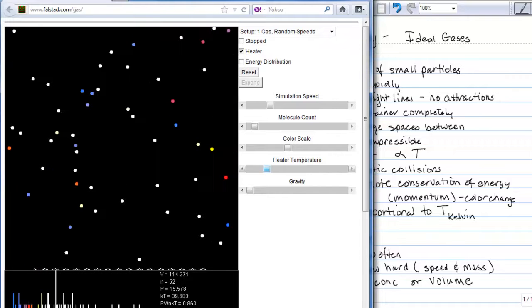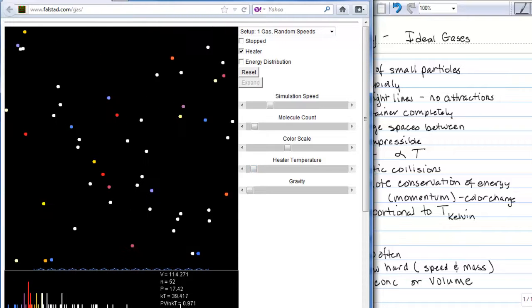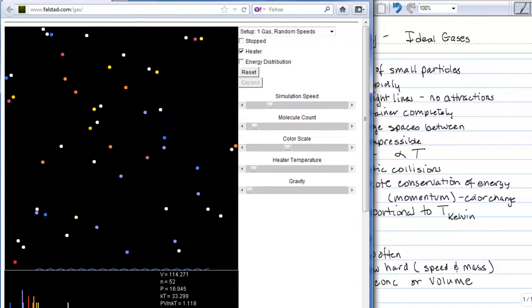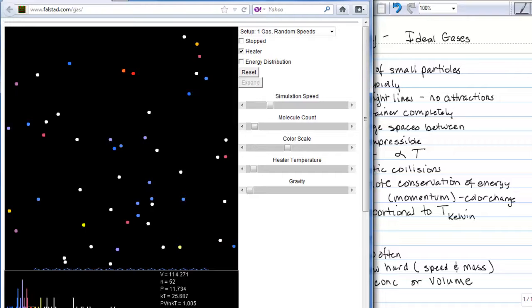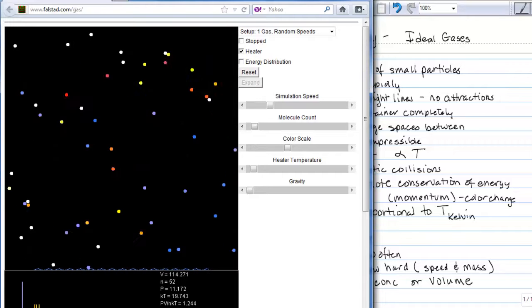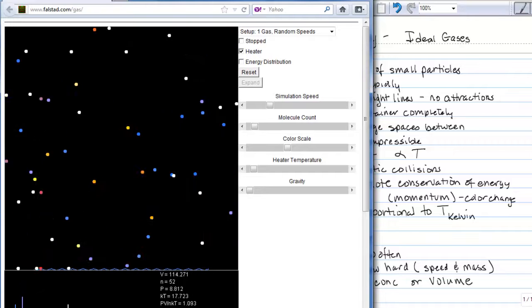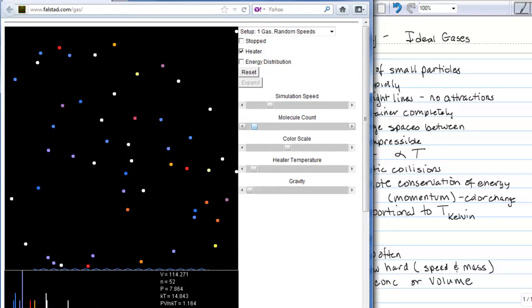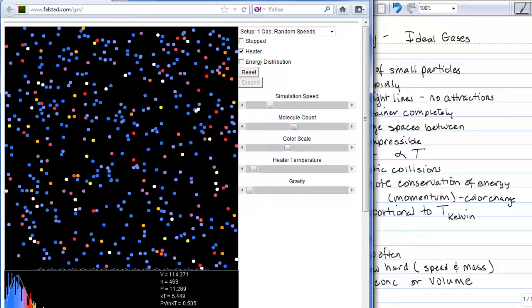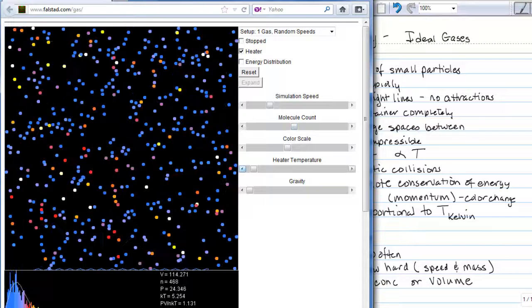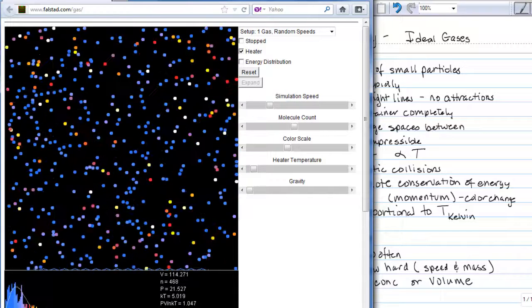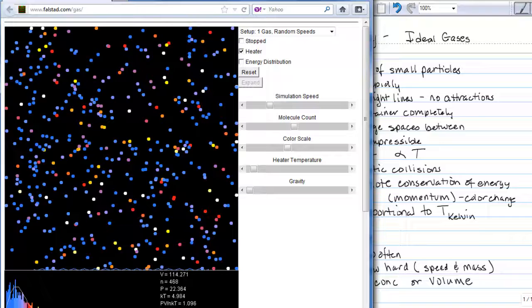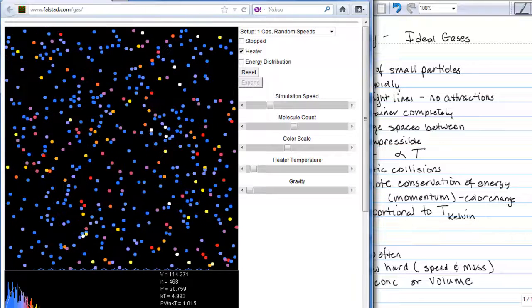Whereas if I drop that temperature down again, you'll see the white ones begin to disappear, and we'll have a lot of blue, which means cooler, the slower ones. Also, if I change the molecule count and put a lot more molecules in there at the same temperature, you can see most of them are blue because I'm at the lower temperature. They are the slower ones.